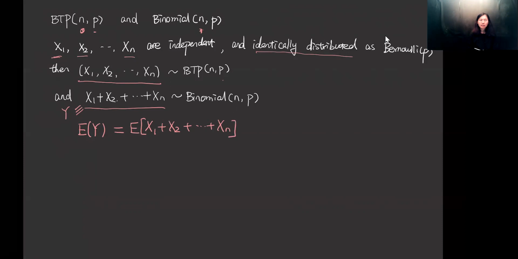The linearity of expectation tells us the expectation of a sum of random variables equals the sum of the expectations.